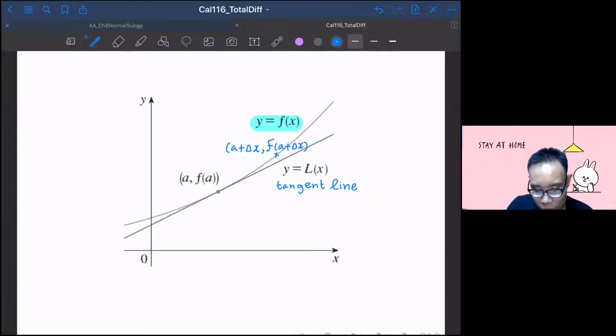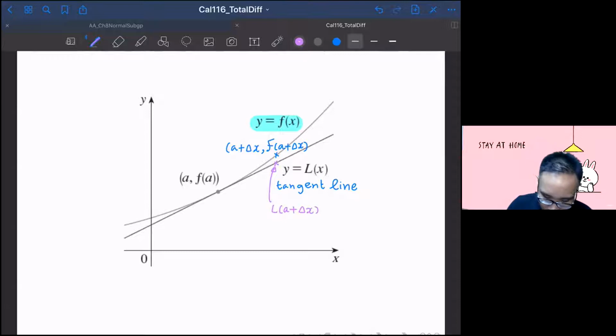In order to do that, you just use the value at the tangent line. So here it's going to be L(a + Δx) instead, and this turns out to be easier to evaluate.